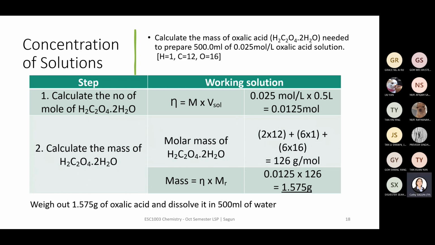Okay, so down here, what did we say about the MR a while ago? If it's an ionic compound, the question can ask you about the formula mass, or maybe can ask you about the molar mass. But at the end of the day, it's asking for the same thing. It's asking for the molecular weight, where you need to add all the atoms or the elements and the number of that in a particular compound, so you get your molecular weight.